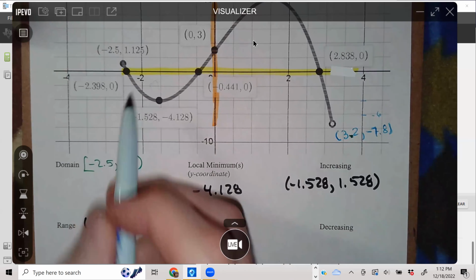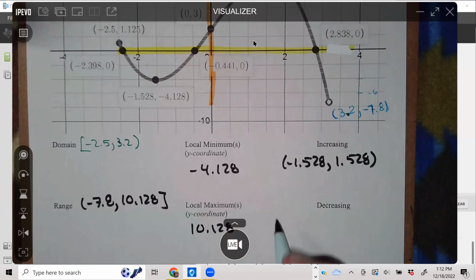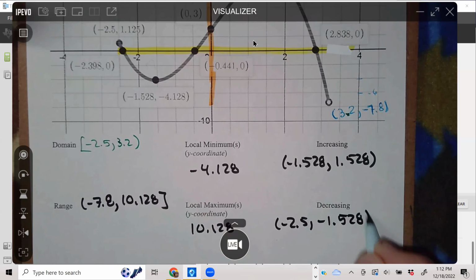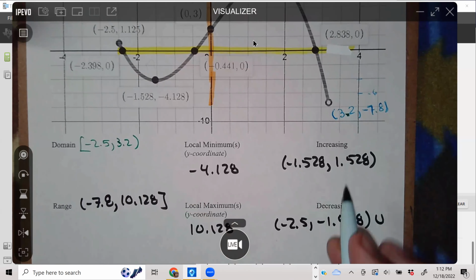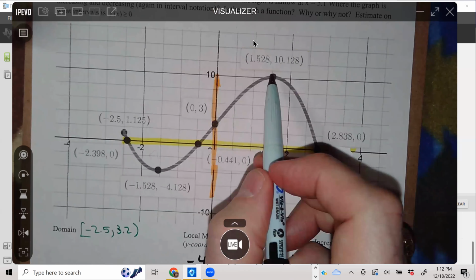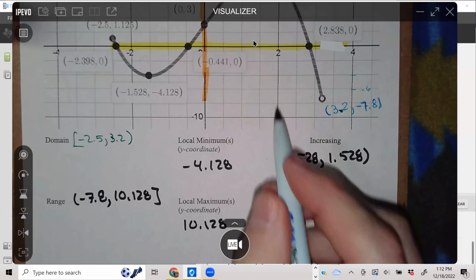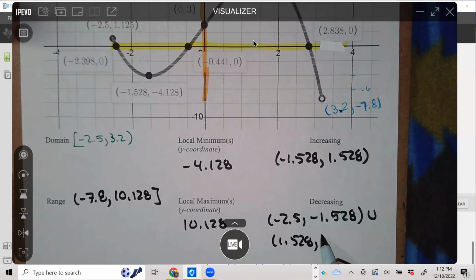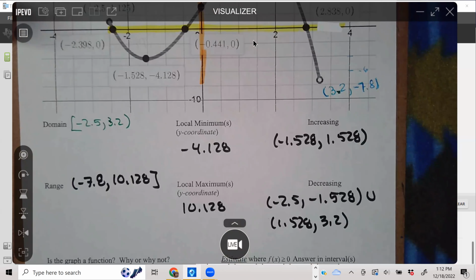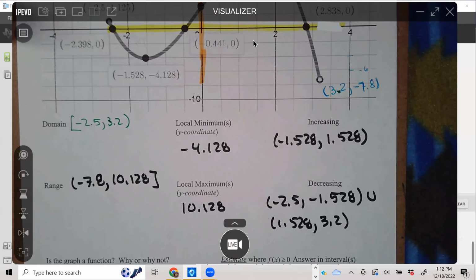Outside of that, it's decreasing on the interval negative 2.5 to negative 1.528, and also 1.528 all the way down to 3.2. Notice that these are in terms of intervals along the x-axis.